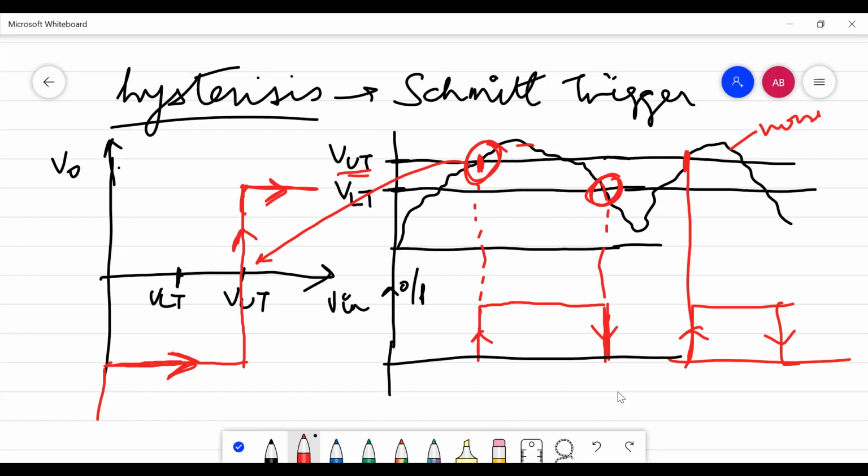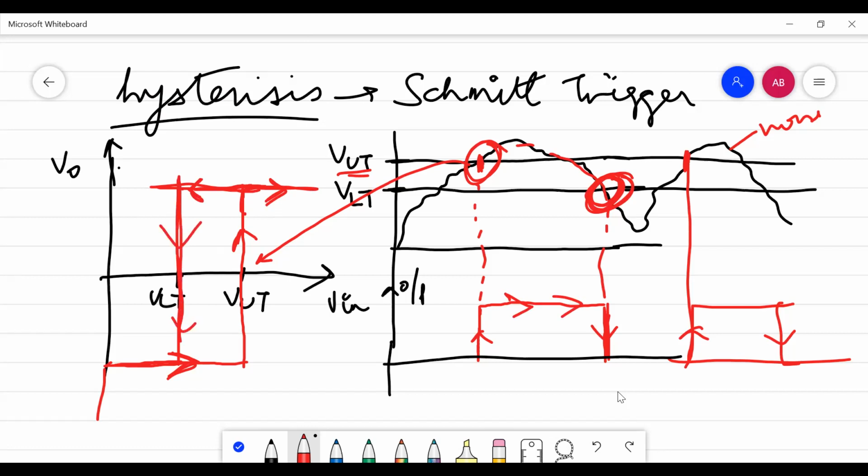Now when the input voltage gets to a low, the output voltage will be maintained at the same level until the lower threshold voltage level has been reached. As soon as this VLT has been reached, it is going to come down to its initial value.